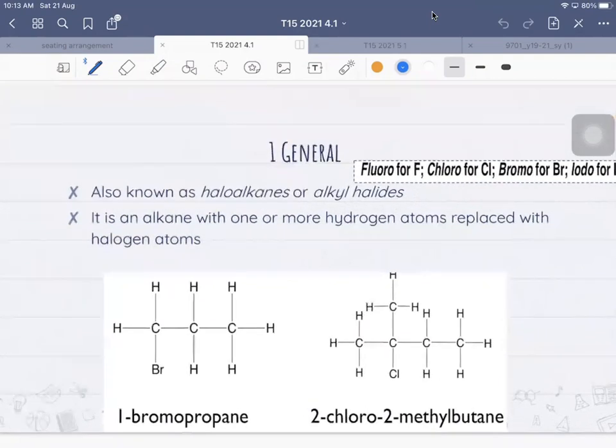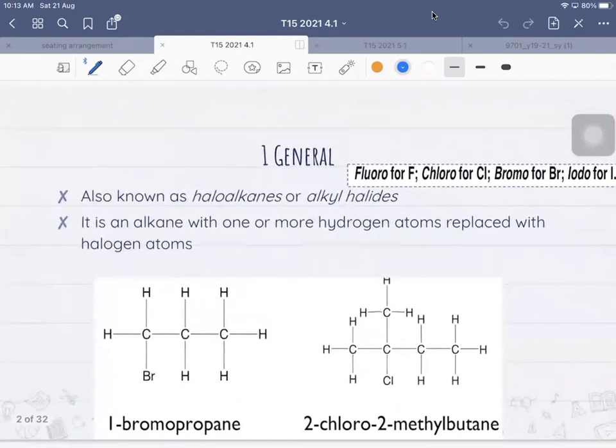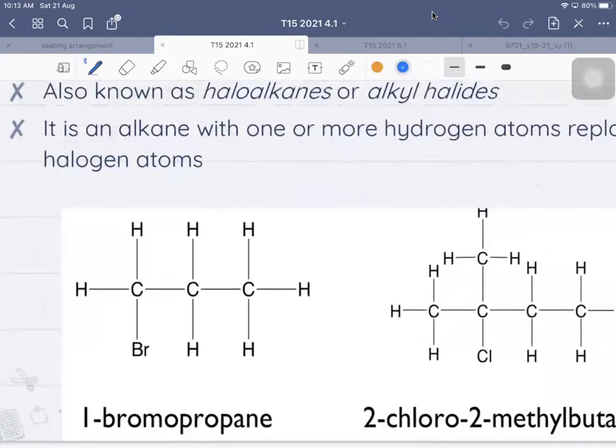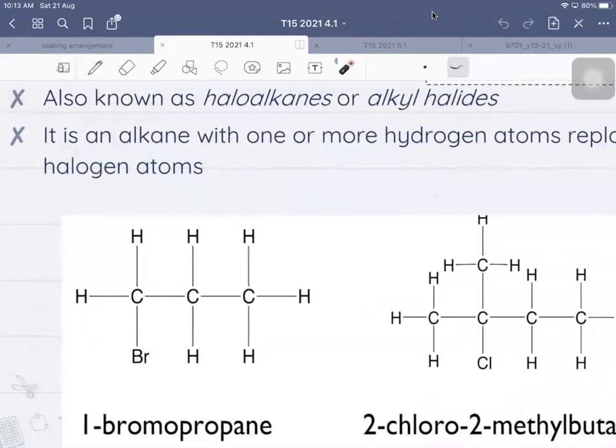Okay, thank you. Right. So back to naming. As we all know, the halogens are named as prefix, which means that they come before the name of the principal chain. So here we have an example of 1-bromopropane.